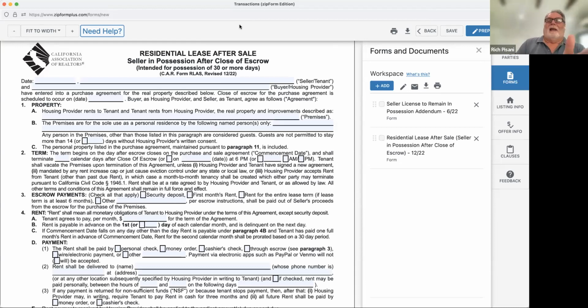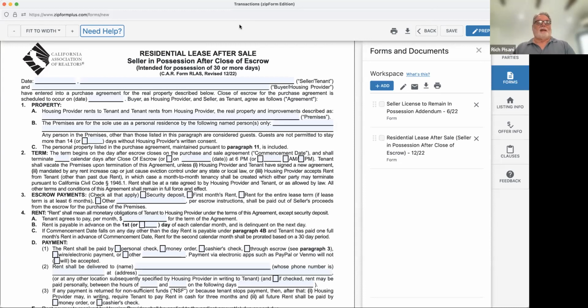So, as I was saying, seller, tenant, buyer, housing provider. So the housing provider rents to the tenant and the tenant rents from the housing provider the address and lists the people who are the only people authorized to stay at that residence. So it should be the seller and their family, whoever that is.